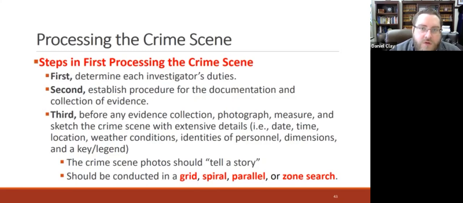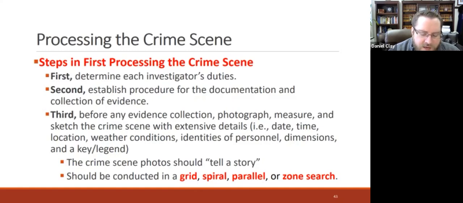Click, and you're keeping track of the photographs and tying data to them, so that when detectives look at it later, they can say, okay, what angle is this, what the hell is this? And they're like, oh, it's a close-up of a hairbrush or something. Okay, I get it now. So you're going to take extensive details. You're going to tell a story with your photos.